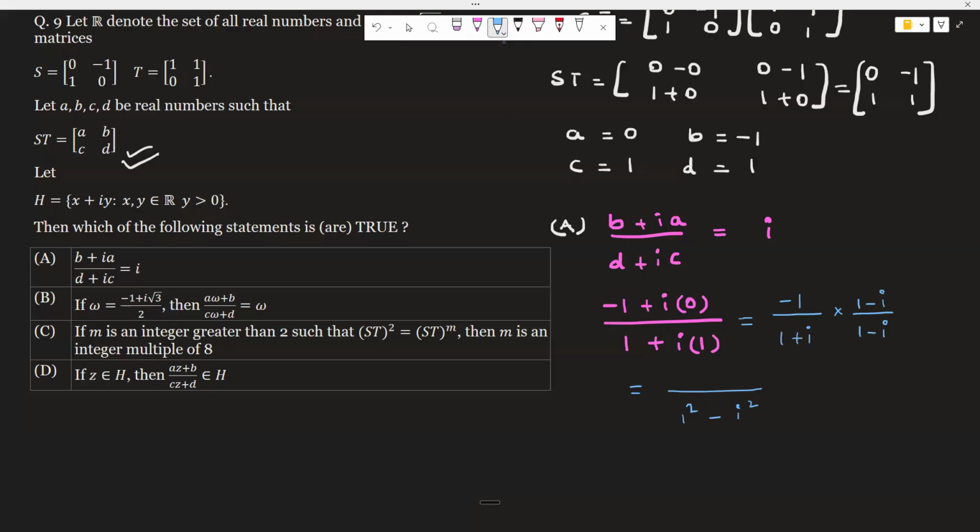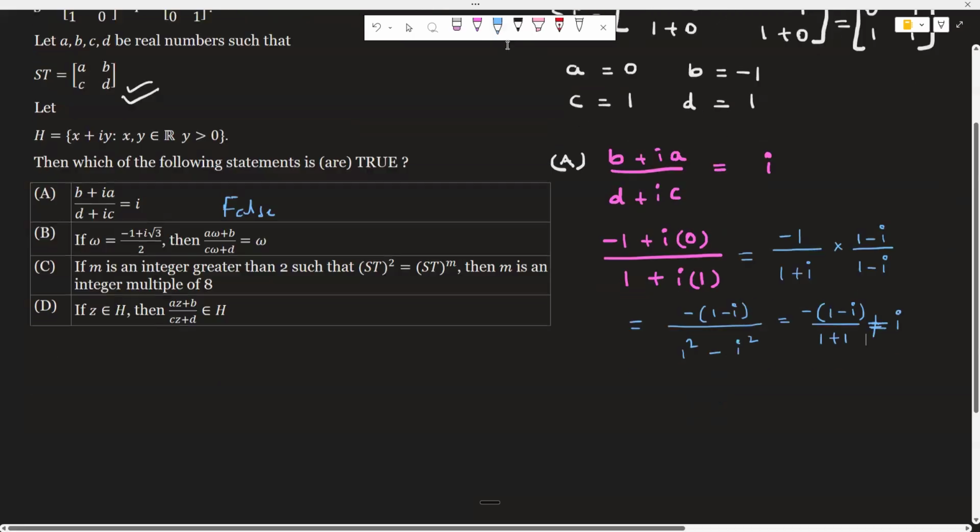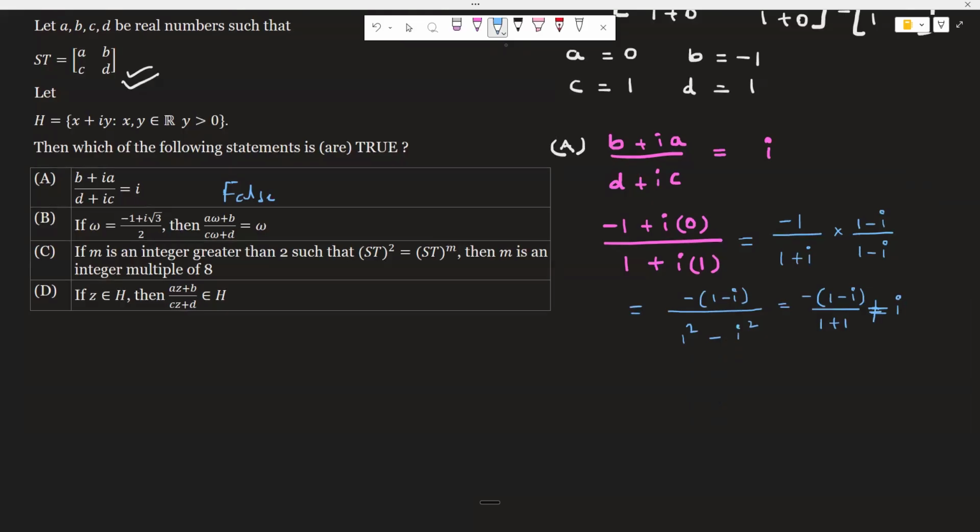This gives minus of (1 minus i), and i square is -1. So minus of (1 minus i) divided by 1 plus 1, which is clearly not equal to i. So option A is false. Let's move to option B.